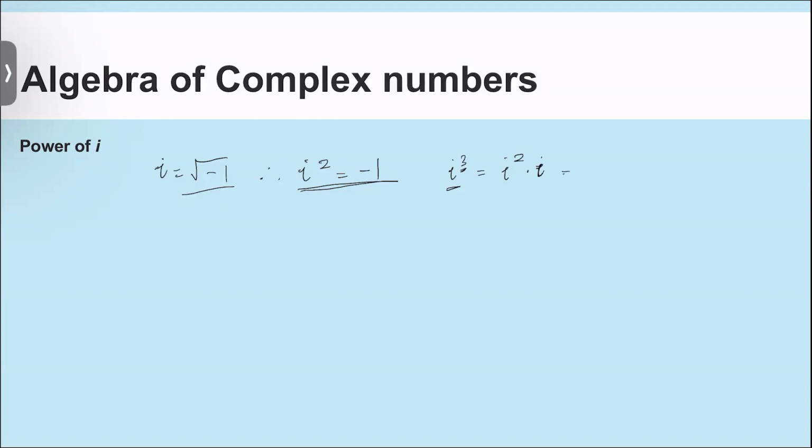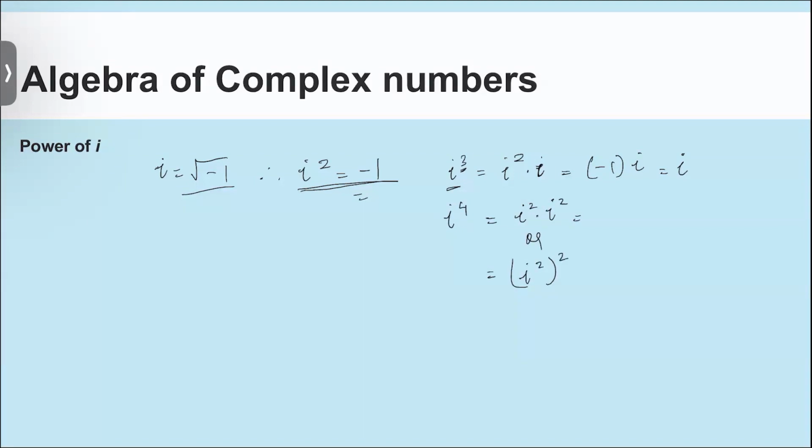Now we already know that I square is equal to -1. So we can multiply -1 with I, and the value that you get is -I. Similarly, if we take I raised to 4, you can either bifurcate it as a product itself, or you can write it as the square of I square.